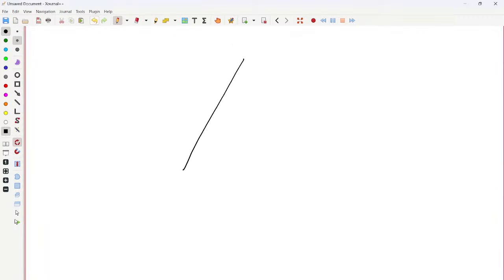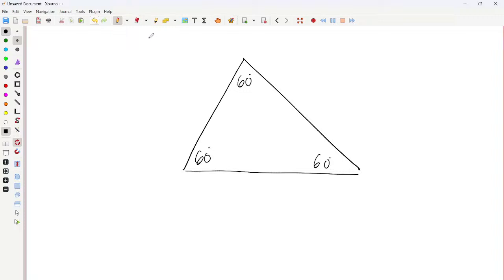Okay, let's sketch an equilateral triangle. That means all sides are the same. So that looks pretty equilateral, and all angles have to be 60. I guess that looks pretty good. Maybe not perfect, but I'll let it go. Does anyone see a line of symmetry? Meaning something we could fold this so it would fall on itself.